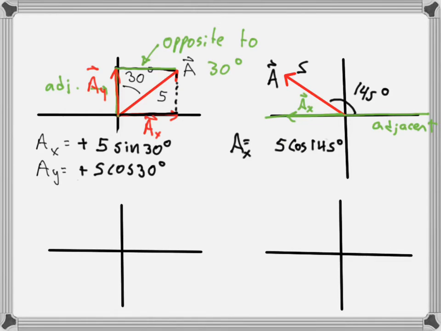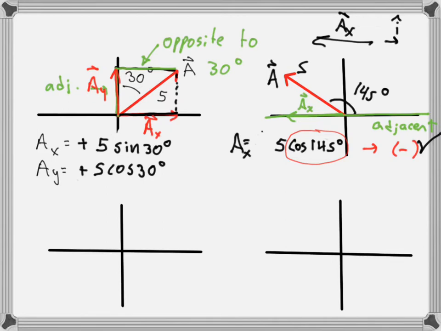The hypotenuse is 5, so we're going to have to multiply this by 5. And now you might be asking whether you need to put in a minus sign or leave it like that for this component. The answer is, this is just right the way it's written, 5 cosine of 145. Notice that if you put cosine of 145 degrees in your calculator, you'll get a negative number. You are expecting the x component to be negative, because the AX component vector points to the left, whereas the i hat vector always points to the right.